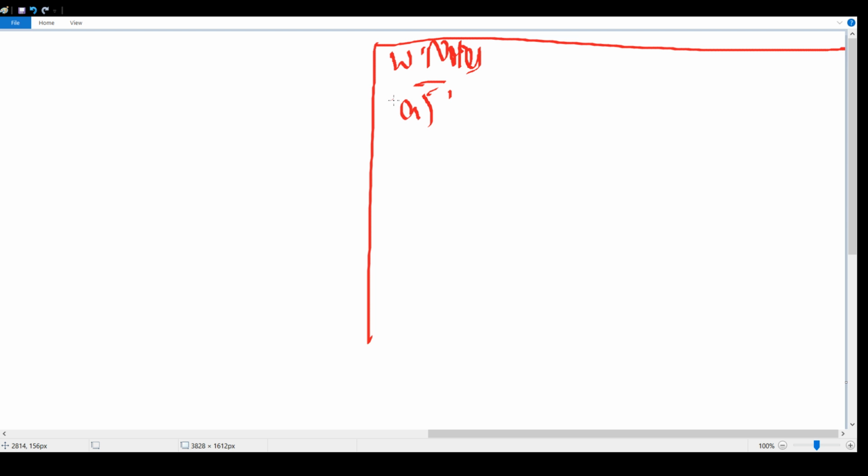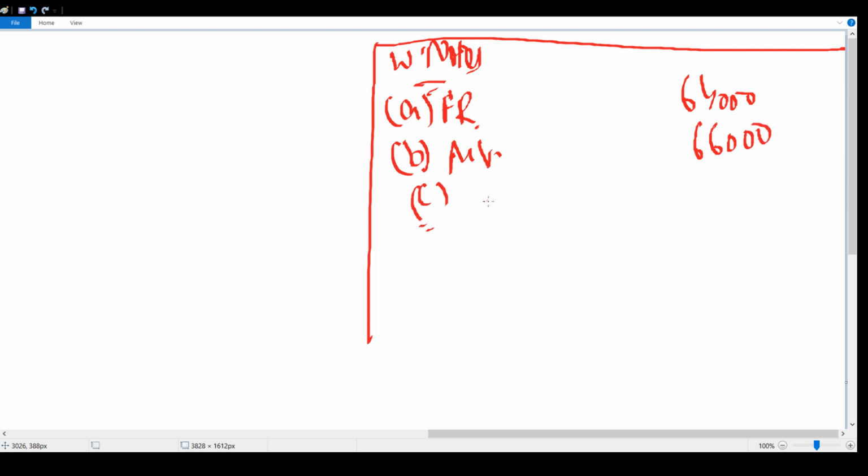Firstly, fair rent, 64,000. Second, municipal valuation, 66,000. Third, as you may know, we will take the higher of A and B, the higher of fair rent and municipal valuation. That is 66,000.